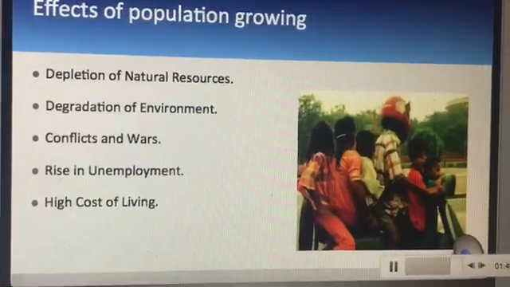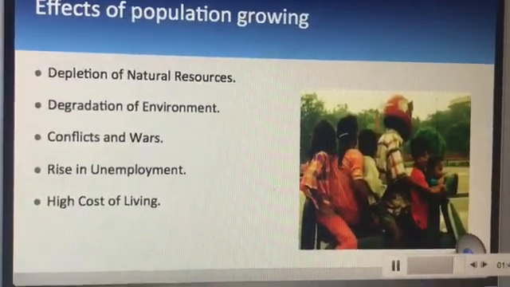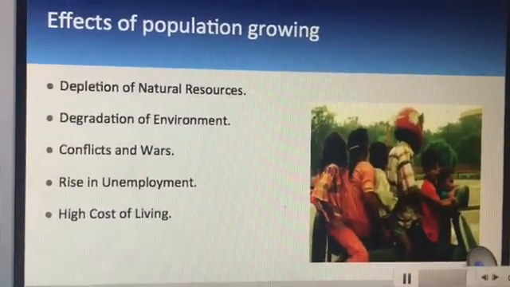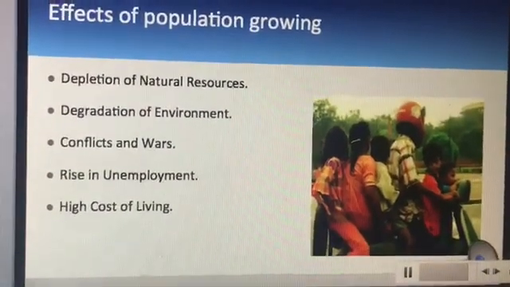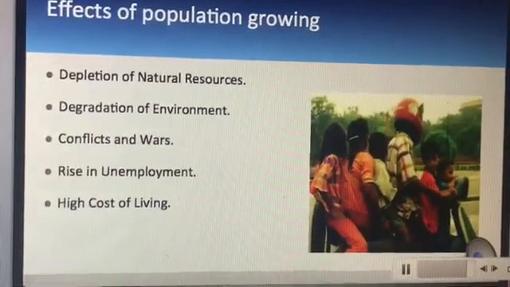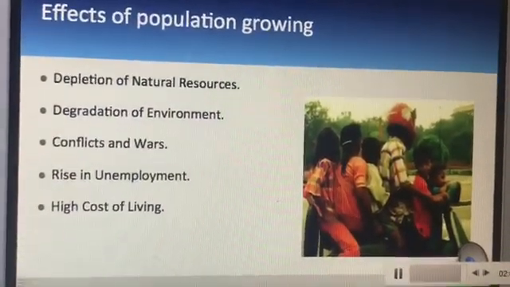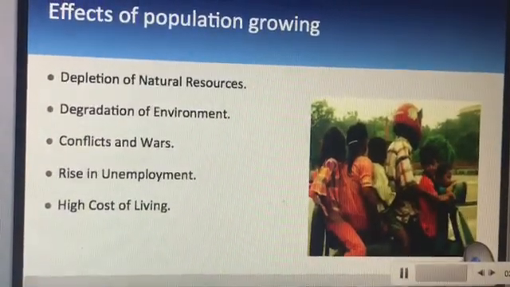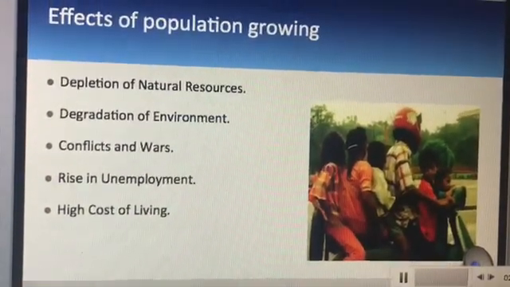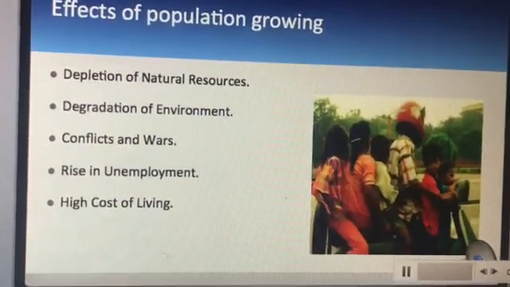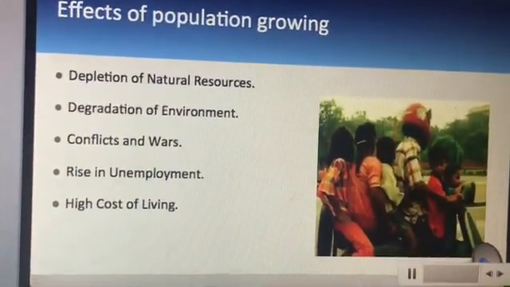This gives the people who live there a high cost of living, and it raises the unemployment rate. It also raises the number of vehicles and pollution affected with CO2, melting the polar ice caps and changing the climate patterns.